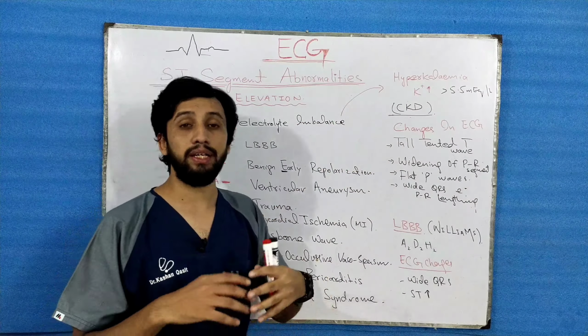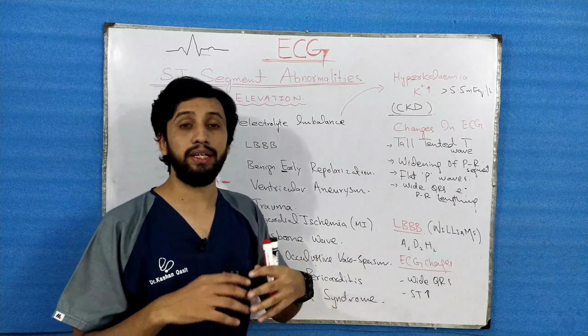Here is a mnemonic you have to remember, which we discussed earlier in a previous lecture, that is WilliaM. This shows a W-shaped S wave in lead V1 and an M-shaped R wave usually seen in lead V6.